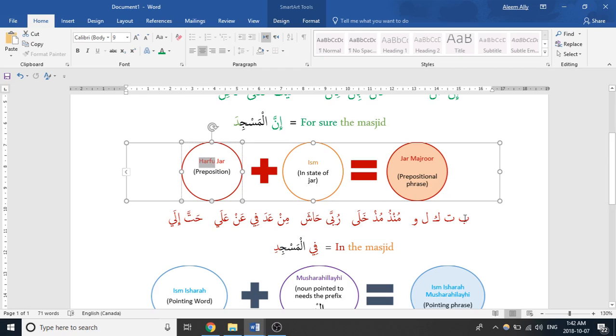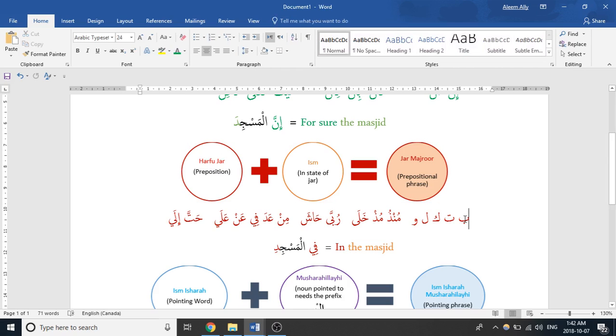And the list of them are bata, kaf, lam, waw, mundu, mudkhala, rubba, hasha, min, ada, fi, an, ala, hatta, ila.